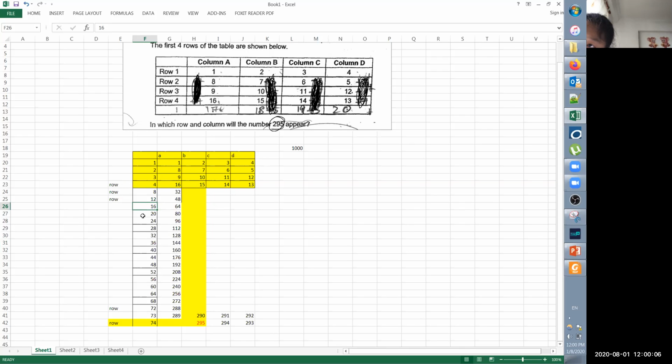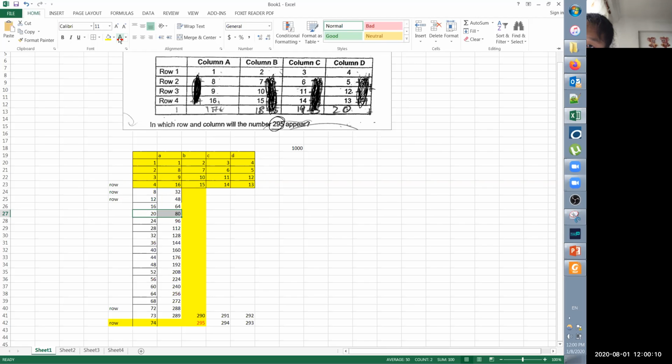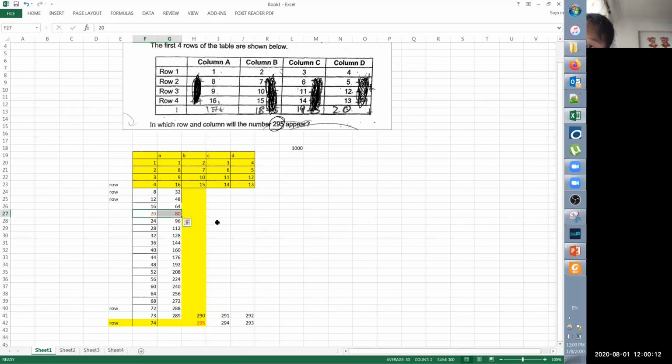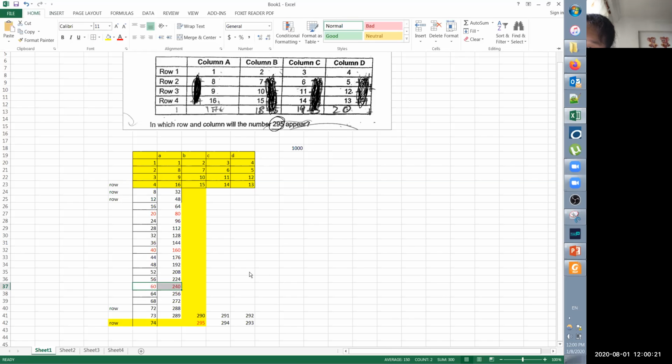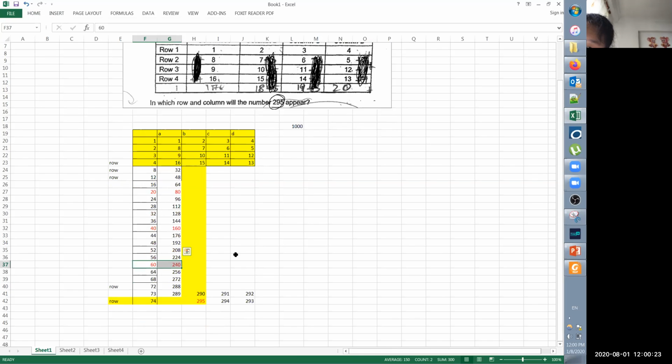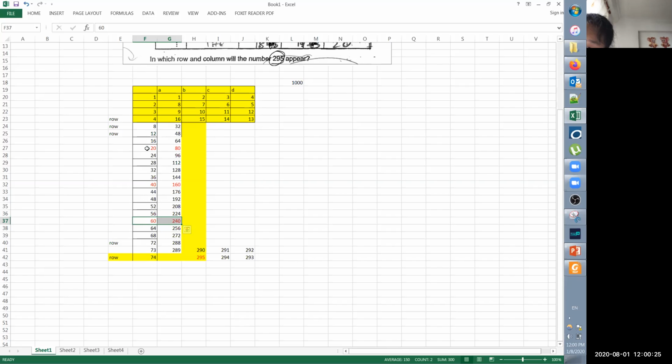So what you should do is you should pick this. If I ask you for 1,000, so what you should do is 20 is 80, 40 is 160, 60 is 240, right? So what do I mean by this? So what do you get? So 20, 40.